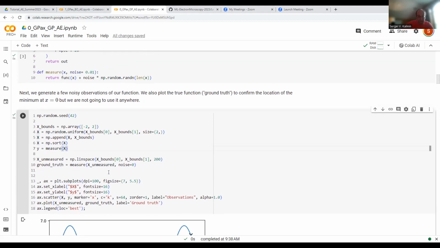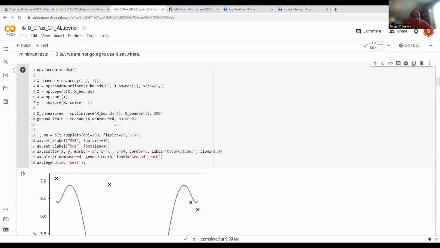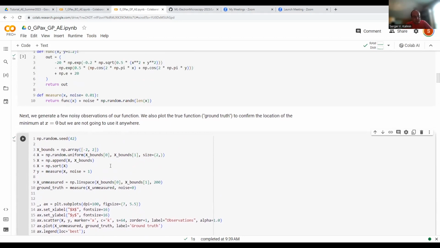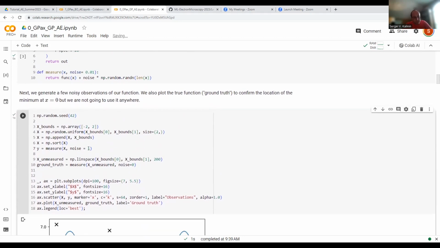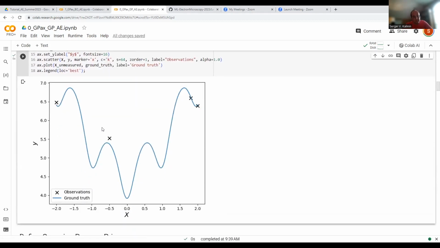So we can say that the noise is going to be higher. For example, if I define the noise equal to 1, you will see that there is a considerable difference between the position of the ground truth and the measurement. If I define the noise to be 0.1, you can see that the measurements are now much closer to the ground truth.